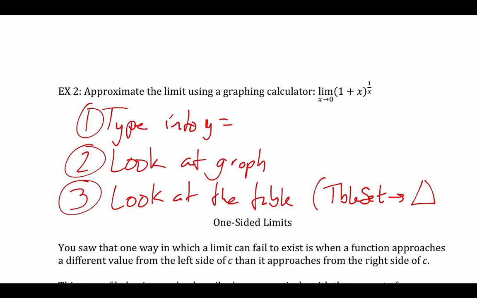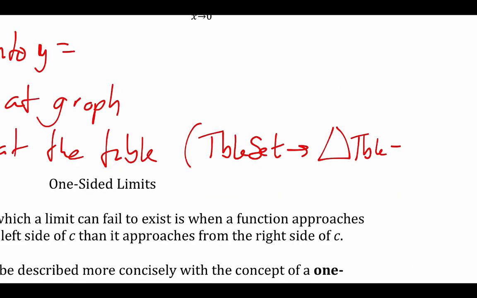I'm going to change my delta table to, I don't know, either 0.1 or 0.01. Make delta table 0.01, so that as you're scrolling around, it's only going to go up by 1/100ths. Or you can go even more specific, 0.001, so that you can get really close to x equals 0.